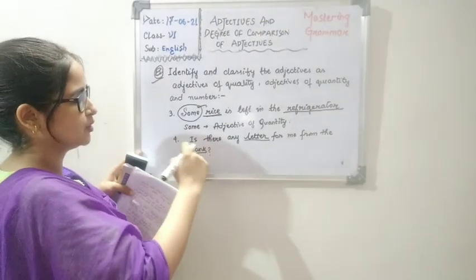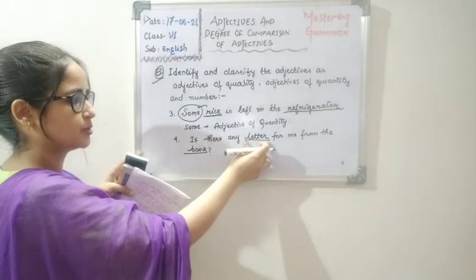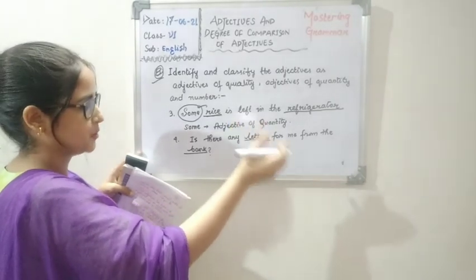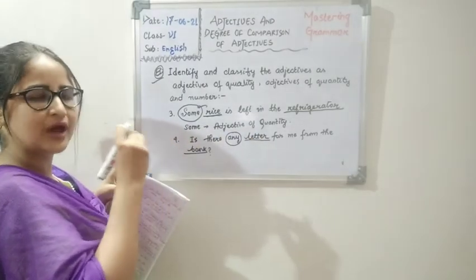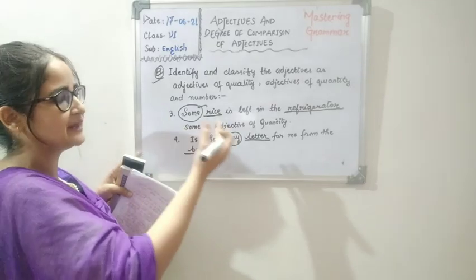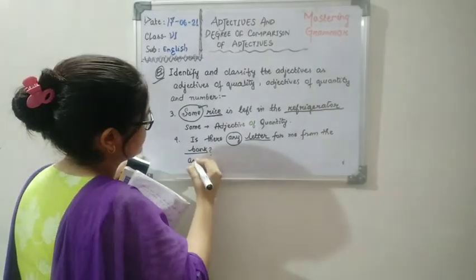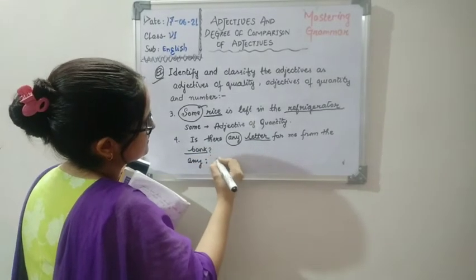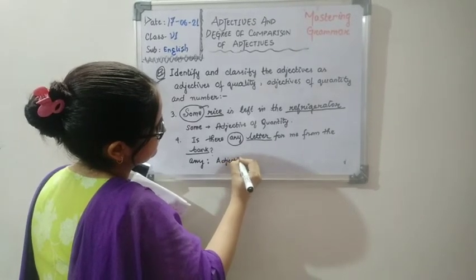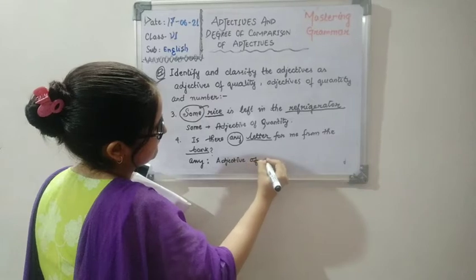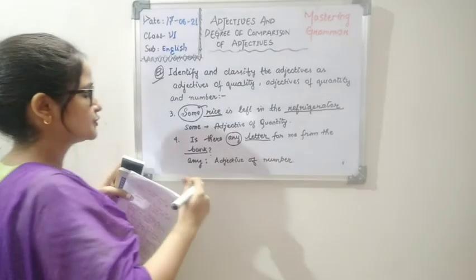Nothing is being said about the bank, but the letter is being talked about, whether there is any letter or not. So this word any means you have to count it, right? 1, 2, 3, 4, and letter is a countable noun. So here we can write that any is an adjective of number. Okay. Now moving to the fifth one.